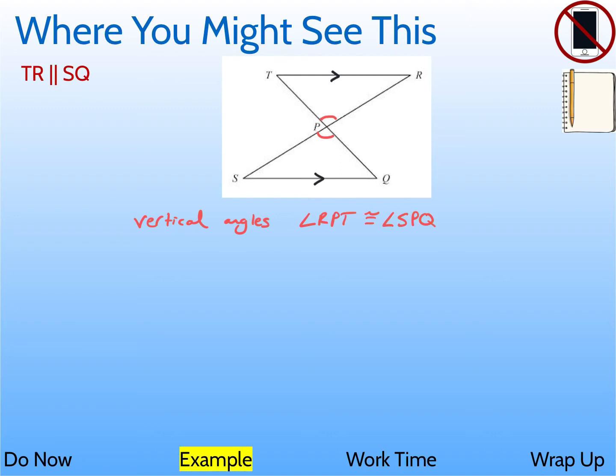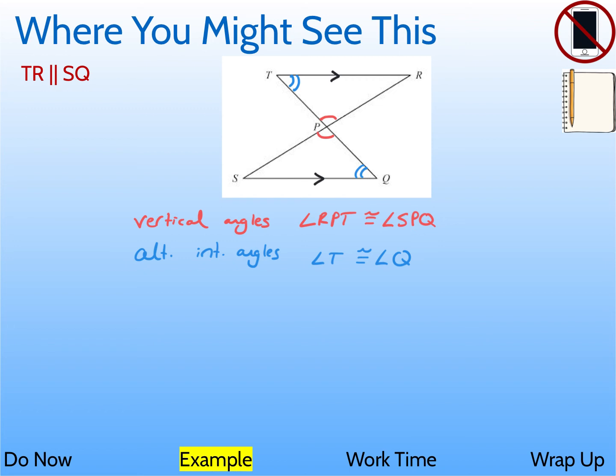And then what also pops out of this is if you think of this as parallel lines, then we have a transversal right here, TQ, then what it means is that angle T is congruent to angle Q. Angle T congruent to angle Q because they're alternate interior angles. And alternate interior angles are always congruent when the lines are parallel.